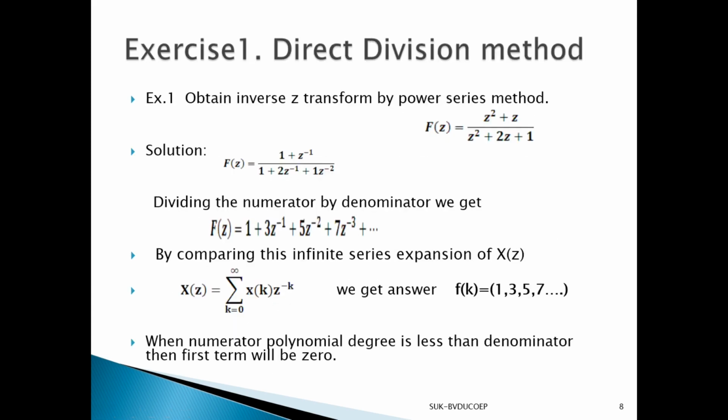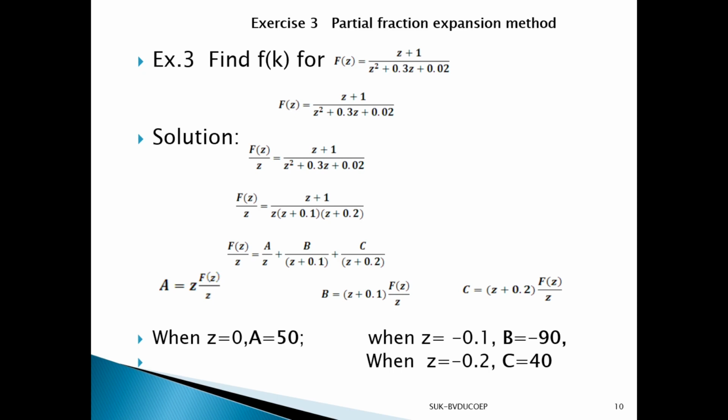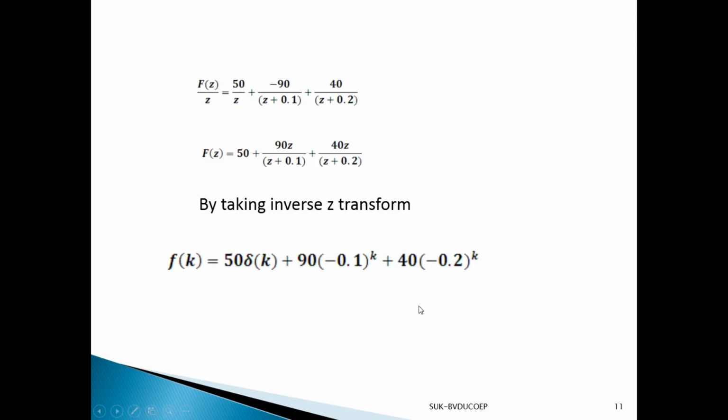So what have I got? Z upon z plus 0.1 becomes minus 0.1 raised to k. Similarly, for plus 0.2 it is minus 0.2 raised to k. So this is the pulse sequence and the amplitude of the pulse.